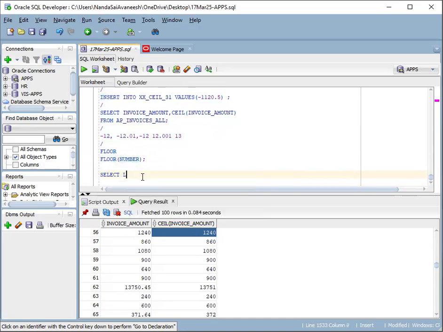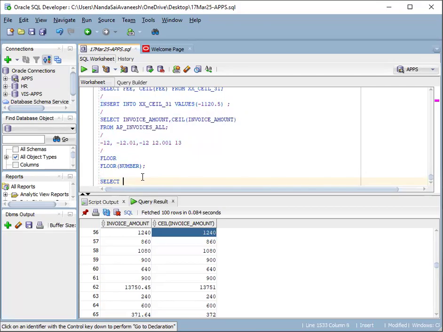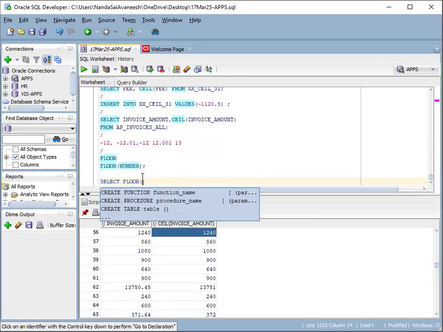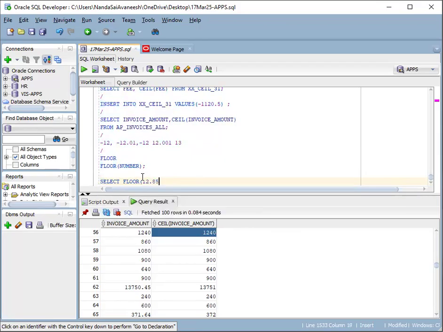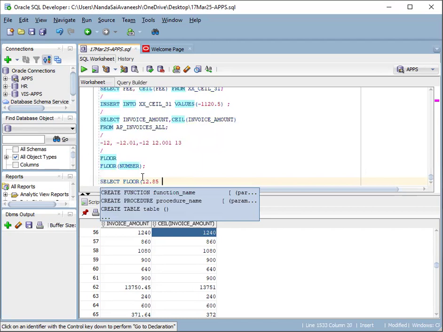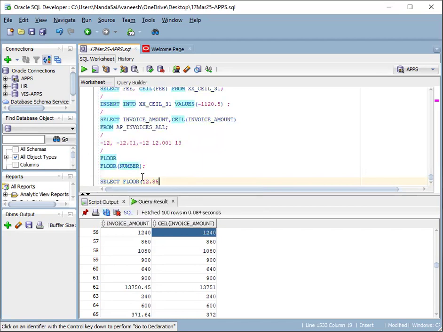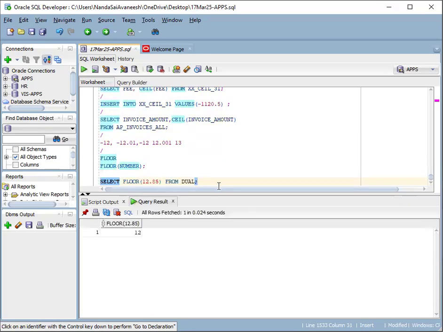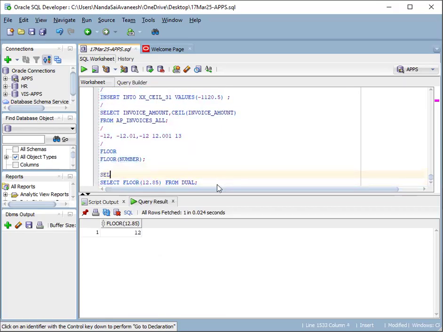Select floor of 12.1 from dual. See the difference?